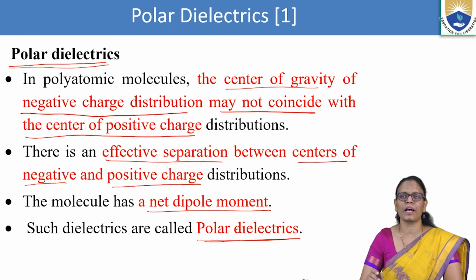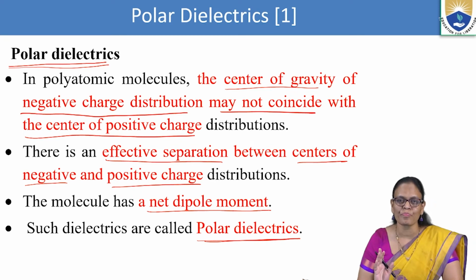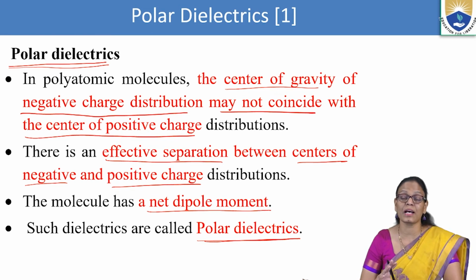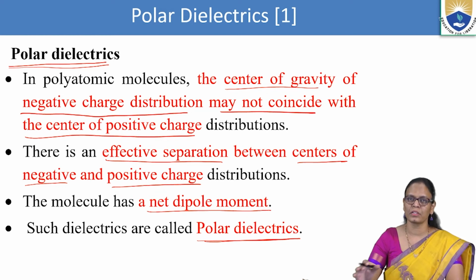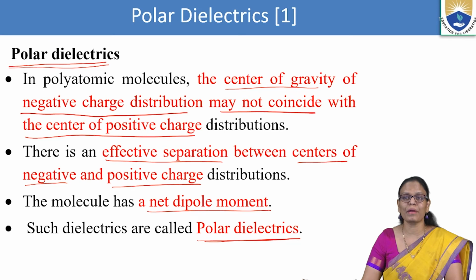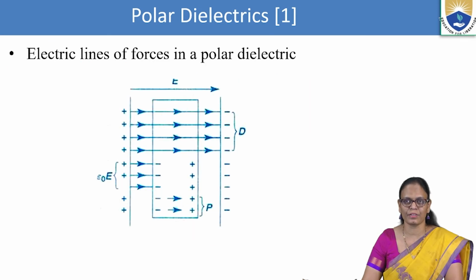So in a polar dielectric, we need to have dipoles. When we are talking about the dielectric as a whole, which has a large number of molecules, the effective positive and negative charges are separated by a distance. Then they will have a polar dipole moment and are called polar dielectrics.